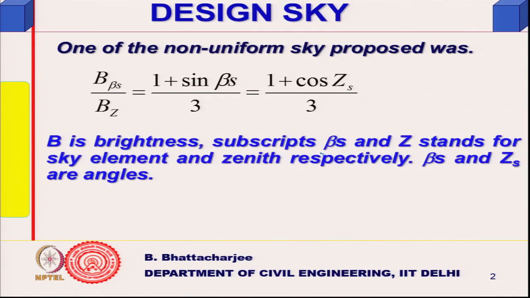B is the brightness, subscript beta S and Z stand for the sky element and the zenith respectively. Z will be the sun's zenith, and for the sky element the subscript is S. B is the brightness, subscript S stands for sky element, beta stands for altitude or elevation angle, and Z stands for the zenith angle of the sky element.